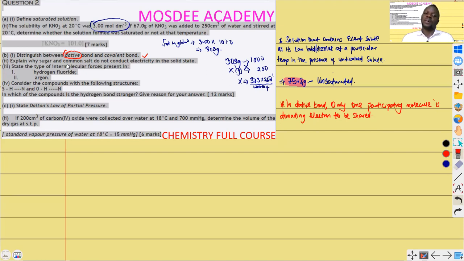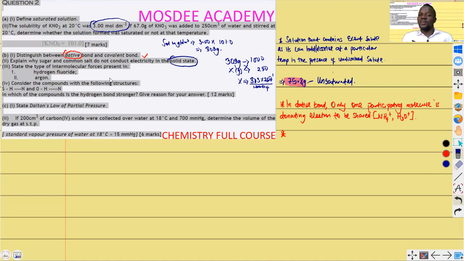Explain why sugar and common salt do not conduct electricity in the solid state. Excuse me, my voice is not that clear. The reason is you can see it's kind of even cheap because the examiner actually made it simpler by saying solid state. So you know that conductivity does not occur in solid state.